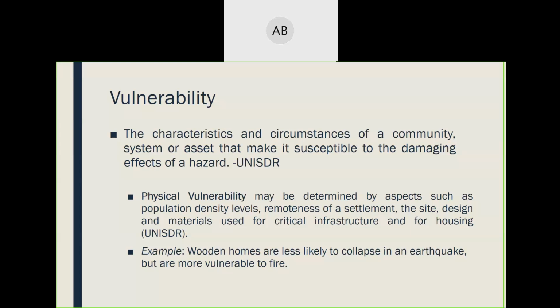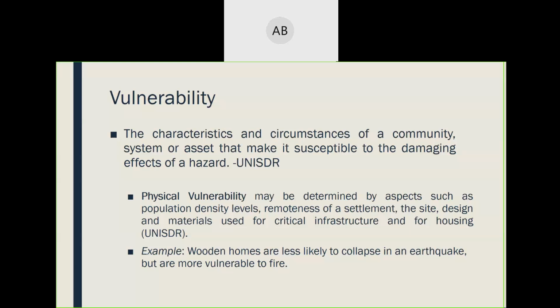Or you can compare between two different houses. Then again, remoteness of settlement. If you are really near to some source, or farther away from the source, if you are building your house near the river, or farther away from the river, that will also determine whether your house will be vulnerable or not, or whose house will be more vulnerable.